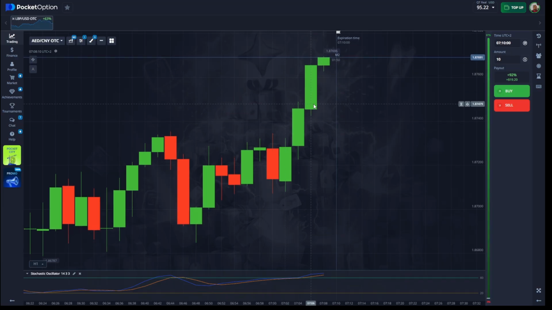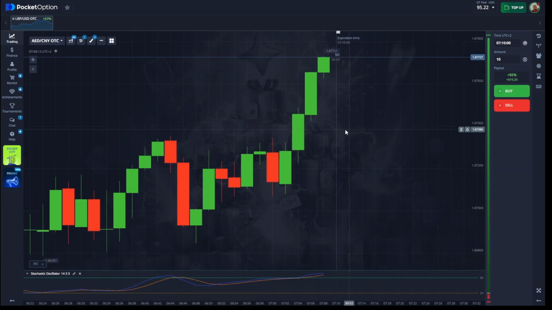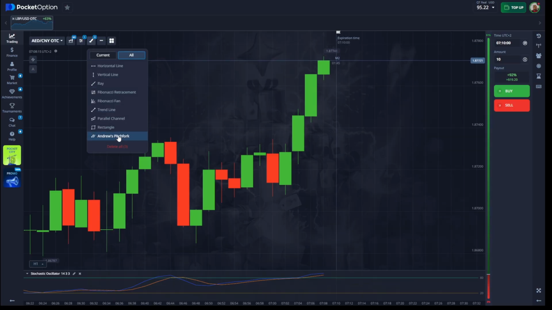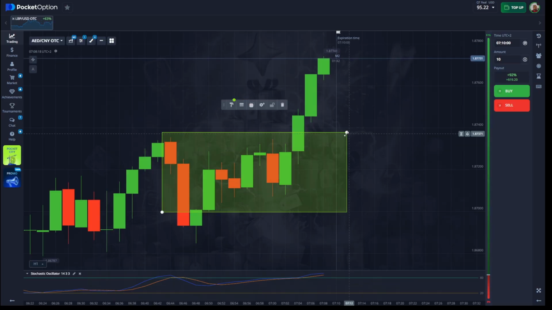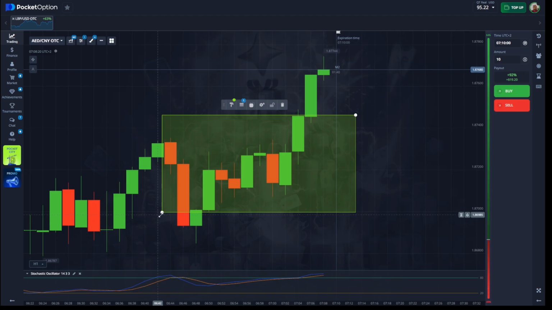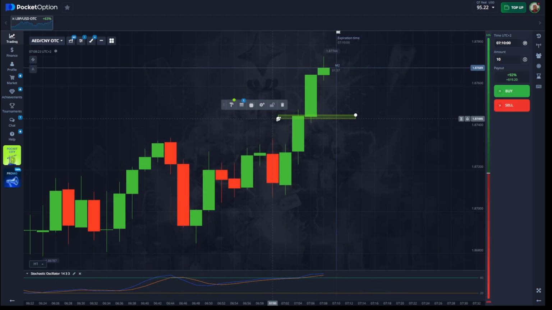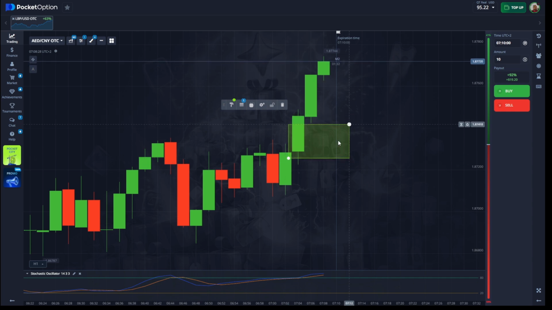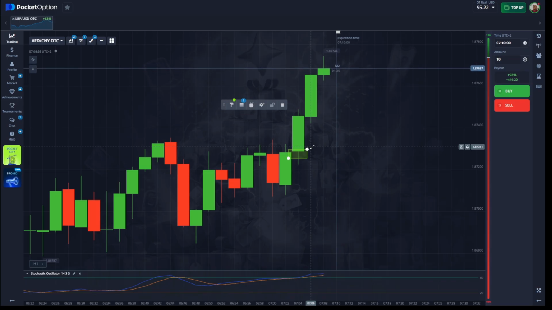Then I will decide my entry point. So the entry points can be anything. The entry points can be when the running candle breaks, when the running candle breaks its own open, or when it gets to this rejected area, or if there's a gap, then I can trust that if there's a gap down, in the case of buy, then I can trust the gap and just make an entry.